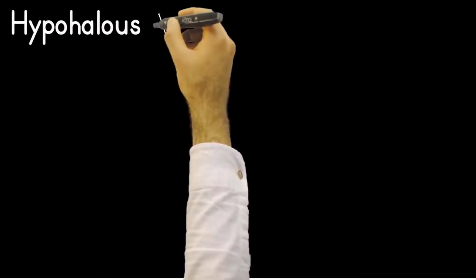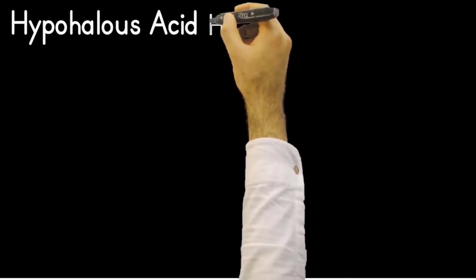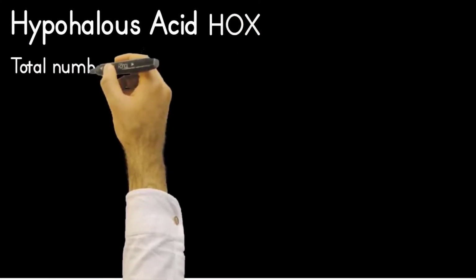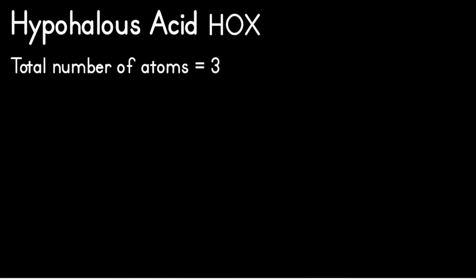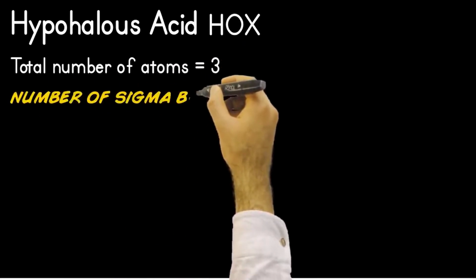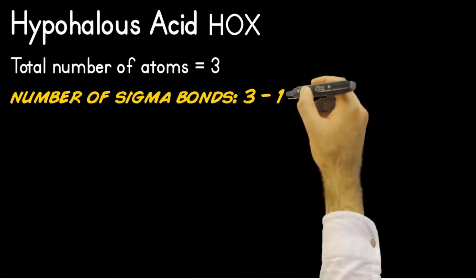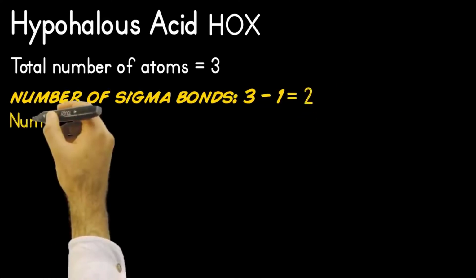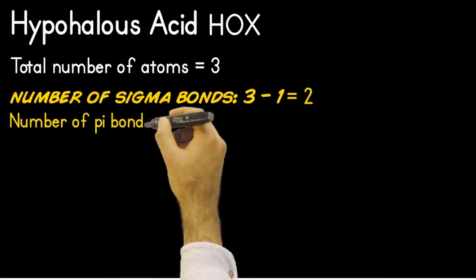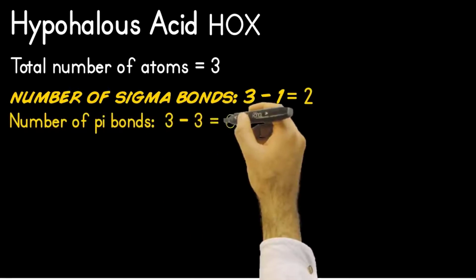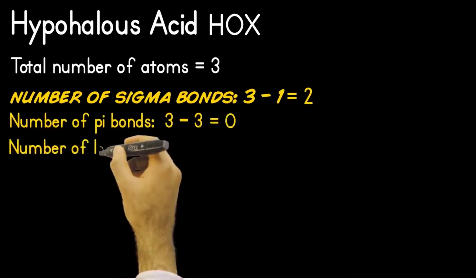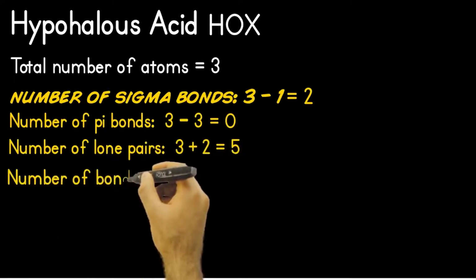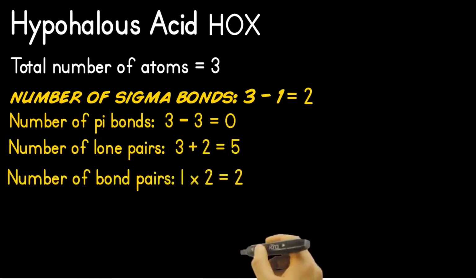So for hypohalous acid, the formula is HOX. So in hypohalous acid, there are atoms H, O and X. There are 3 atoms. So total number of atoms is equal to 3. So number of sigma bonds we can calculate, that is total number of atoms minus 1. So number of sigma bonds becomes 3 minus 1 equals 2. Similarly, number of pi bonds is equal to total number of atoms minus 3.